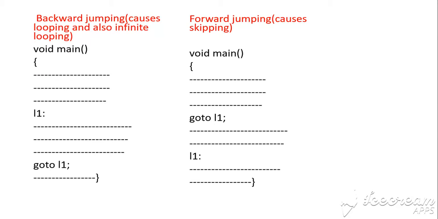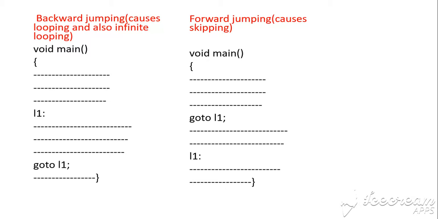Here we can consider the two cases of backward jumping and forward jumping. In the first part of the code, I have shown an example of backward jumping, which causes looping. You can see that after some statements, I have set a label L1, and after some more statements, I have given the statement goto L1. What happens when the goto L1 statement is encountered?